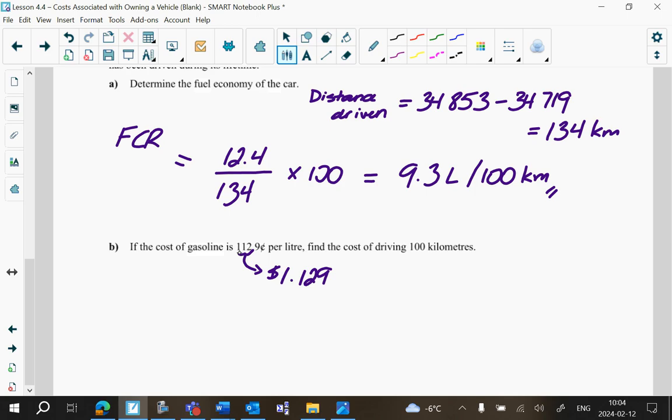We used 9.3 liters for every 100 kilometers. Times that by the price of gas in dollars. And remember, in dollars, we want to round it to the nearest cent or 2 decimal places. Well, this one actually works out to be $10.50.